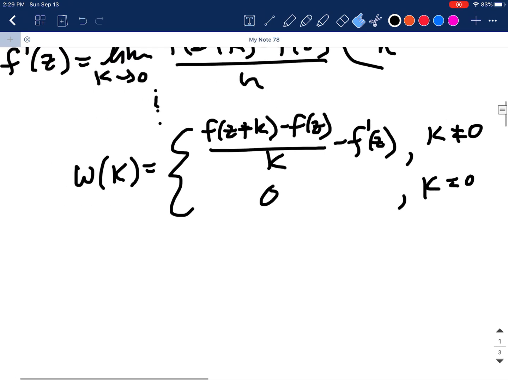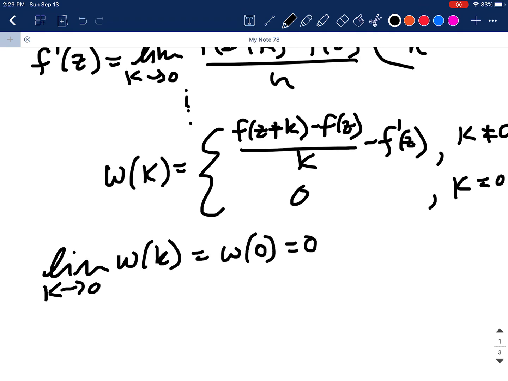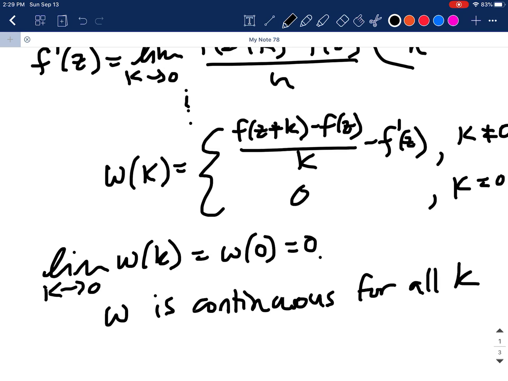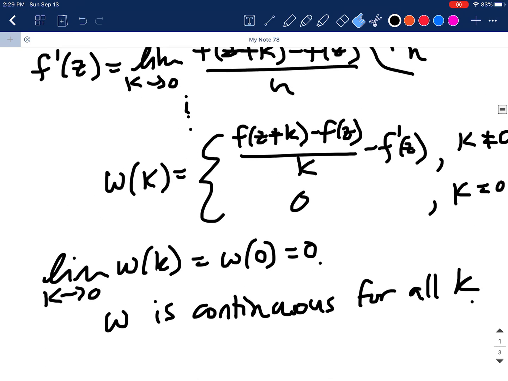And we can note here as well the limit as k goes to 0 of w of k equals w of 0, which is 0. So w is also continuous for all k. So we've got that, and we'll name that equation number 3.